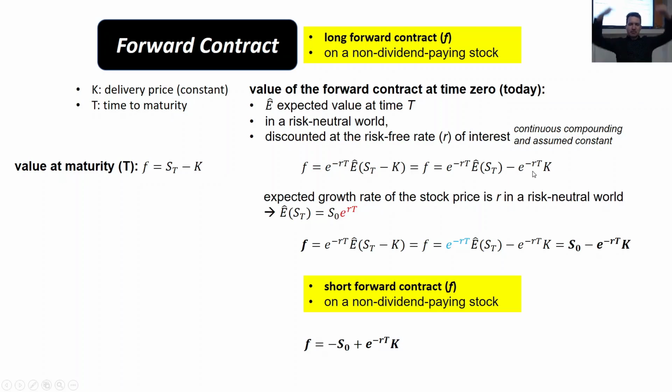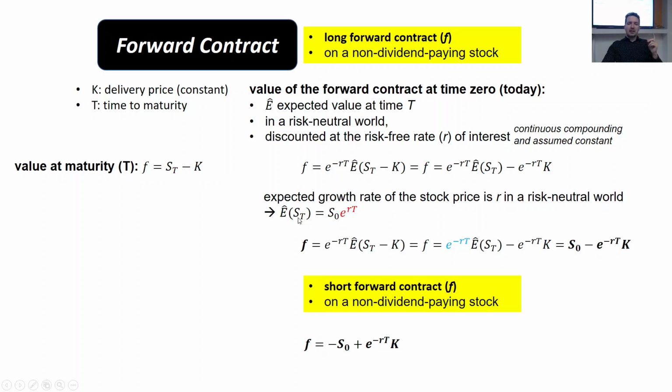So everything is in the future. But now we can say the expected growth rate of the stock price in a risk-neutral world, and that's why we have to define everything like this. In a risk-neutral world there are no other functions, just the interest rate that is increasing it, because no other functions are defined.